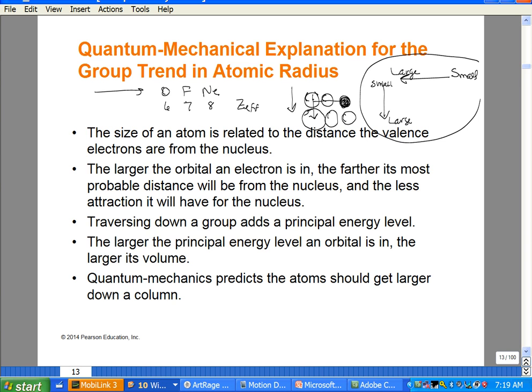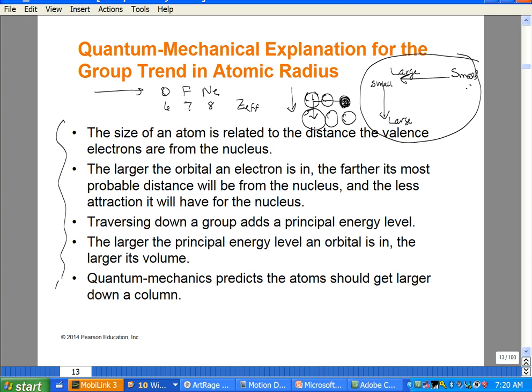Okay, so this is the trend for atomic size when it comes to the periodic table. Smaller things are on the right side and toward the bottom. Did I just say that? Forgive me. The smaller elements are toward the right side and toward the top.